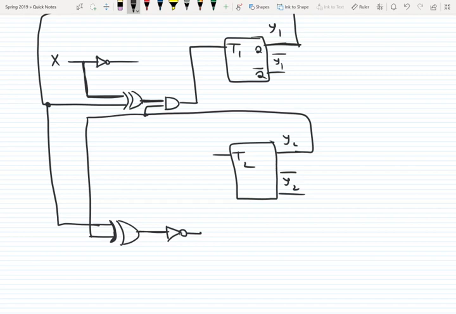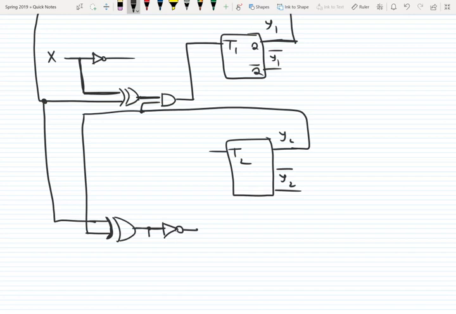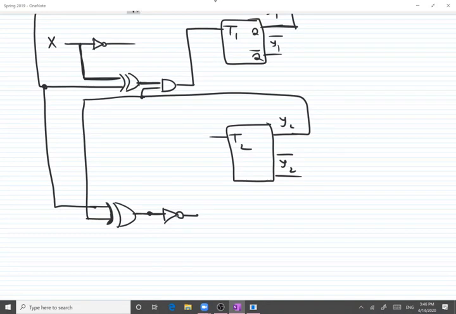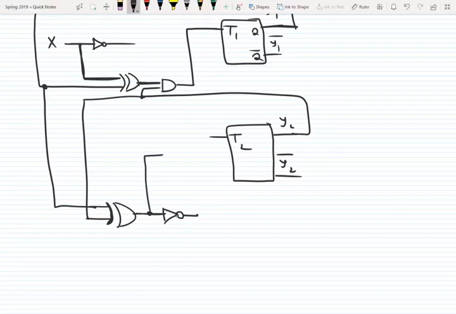So this one is XOR, which is ANDed with x bar. Okay, this one is 1.